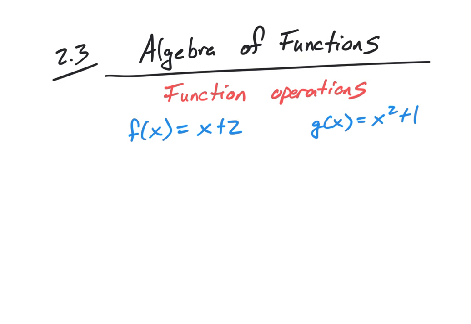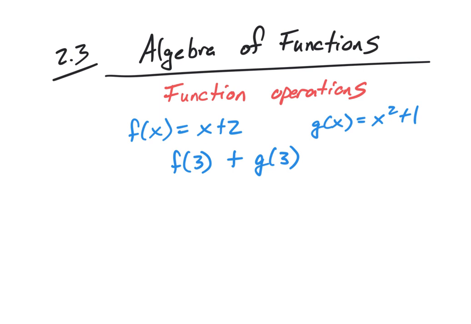All right, so on this one here, if I asked you to find f of 3 plus g of 3, that's something that we've done before, right? We're evaluating a function.